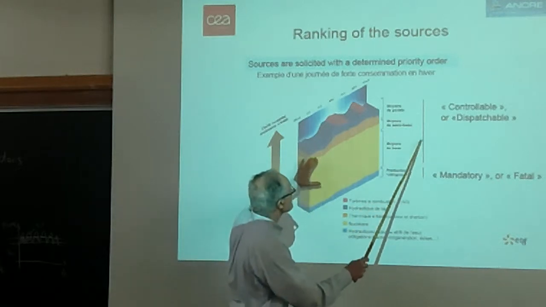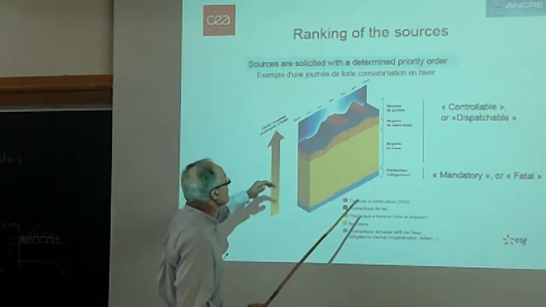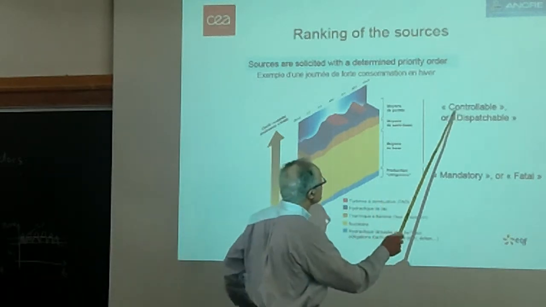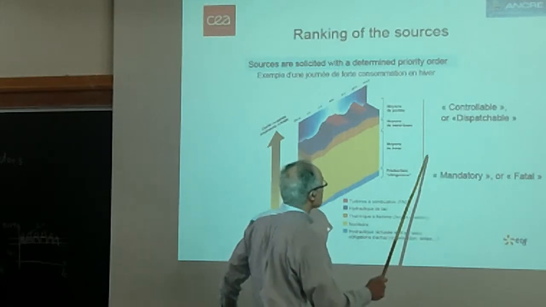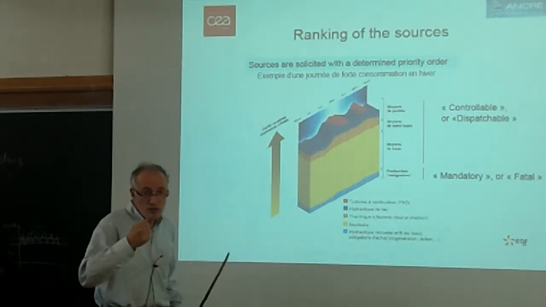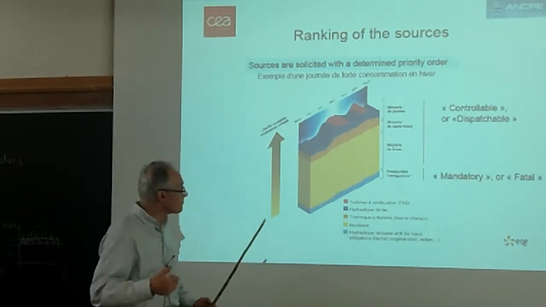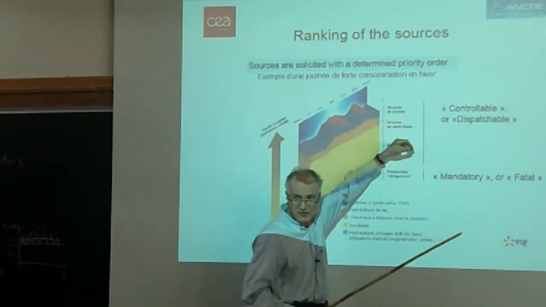And to complement the production, to satisfy the demand, you then solicit the controllable or dispatchable sources with a logic which is a mixture of a frequential logic: you mobilize first the slow sources and then the faster ones.